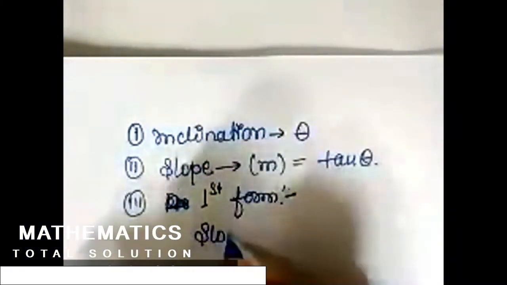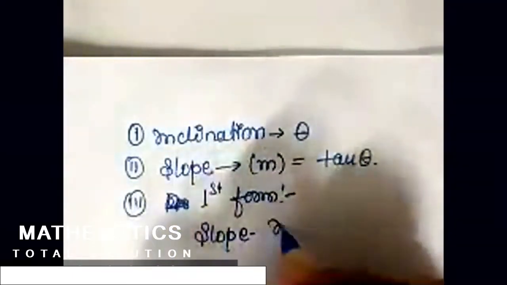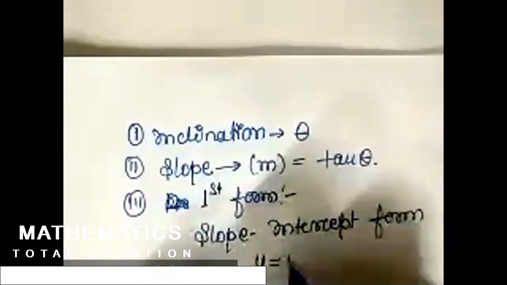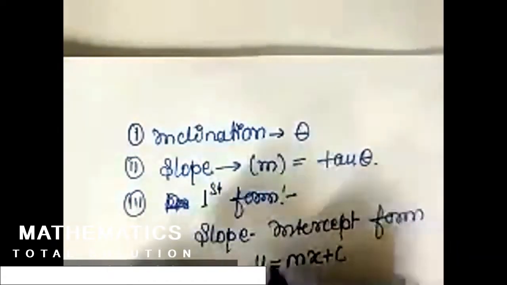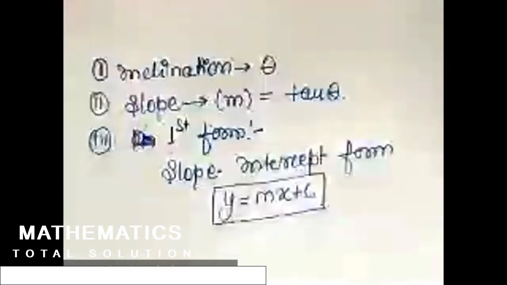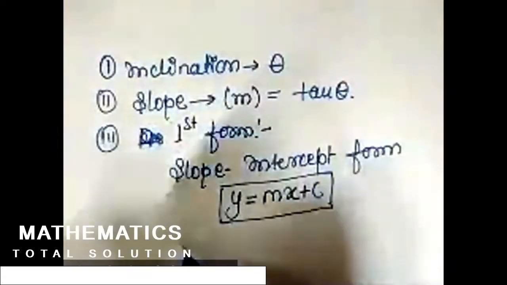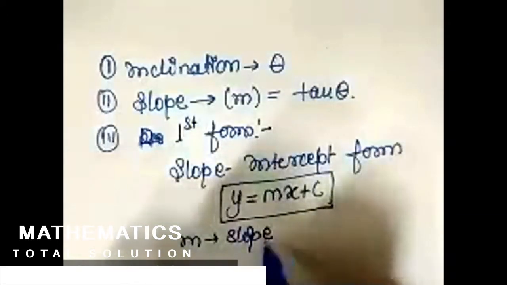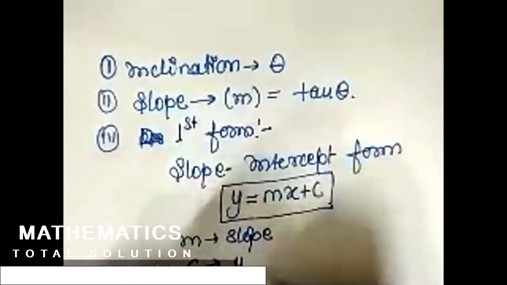We call it slope intercept form, and slope intercept form is y equals mx plus c. Now you will say, sir, when do we use this formula? We use this formula whenever the slope of the line is given and its y-intercept is given.